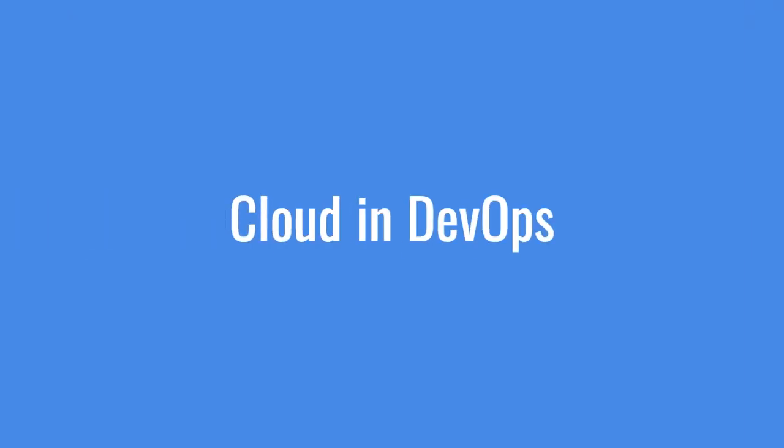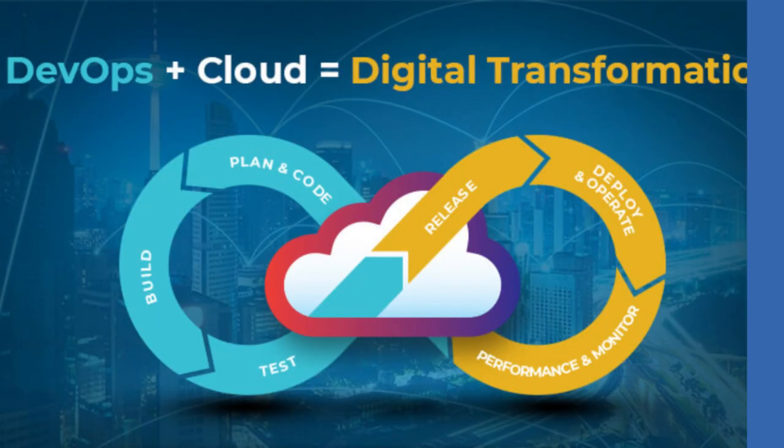Then cloud in DevOps. Scalability is one thing: cloud platforms provide on-demand resources, allowing DevOps teams to scale infrastructure up or down based on project requirements. You can increase or decrease the number of resources as per your requirement. Then flexibility means cloud services offer a variety of tools and services that can be integrated into the DevOps pipeline, such as container orchestration, Kubernetes, serverless computing, and managed databases.